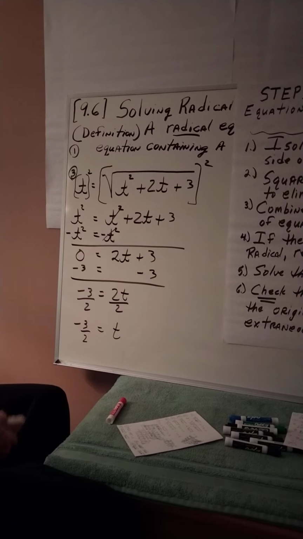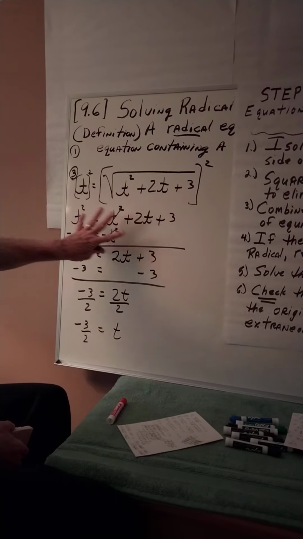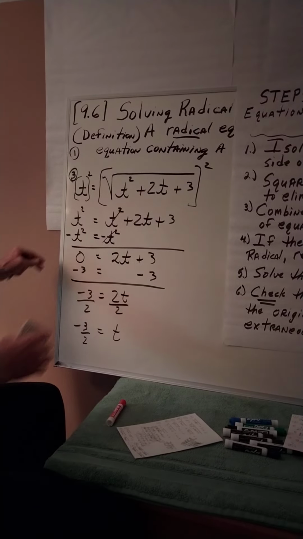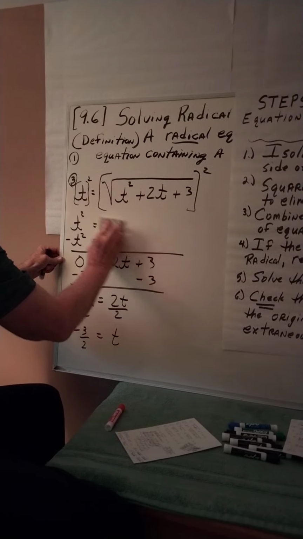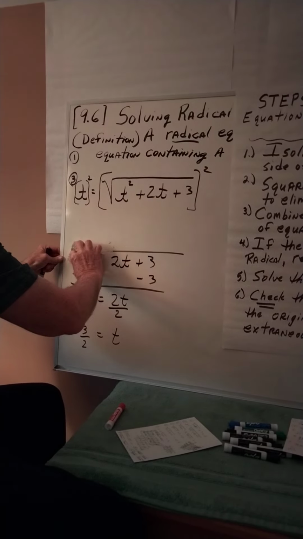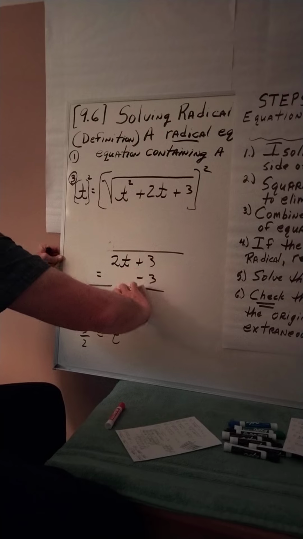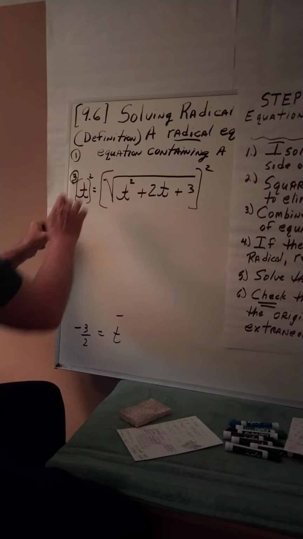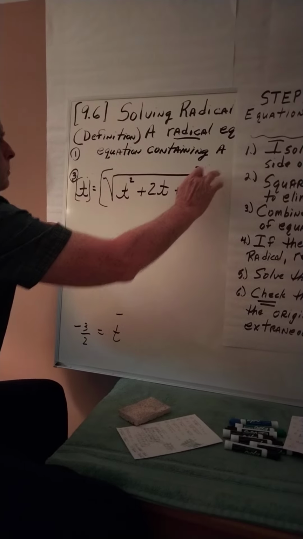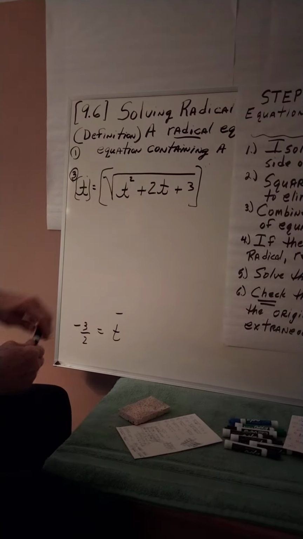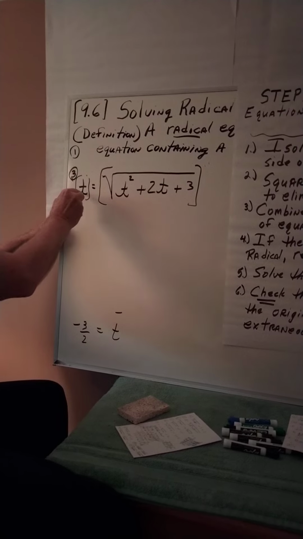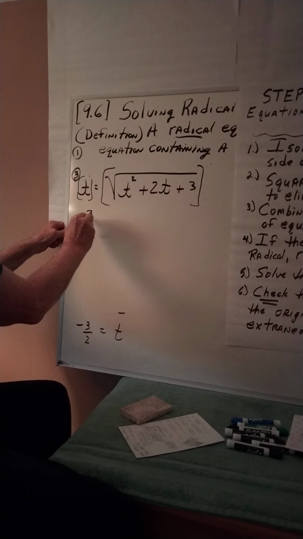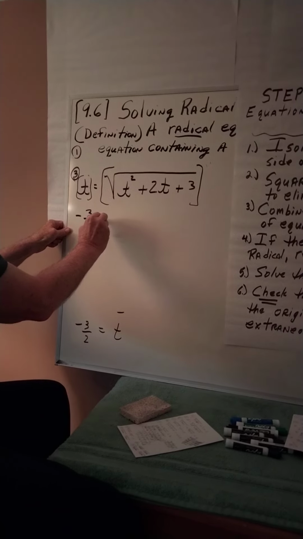So let me erase some of this material right here so I can show the check. We show it in the original equation. So let me just be safe. Here's the original equation. In place of t on the left-hand side, we'll put a negative 3 over 2.